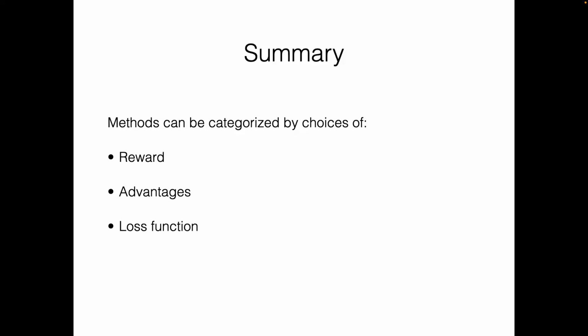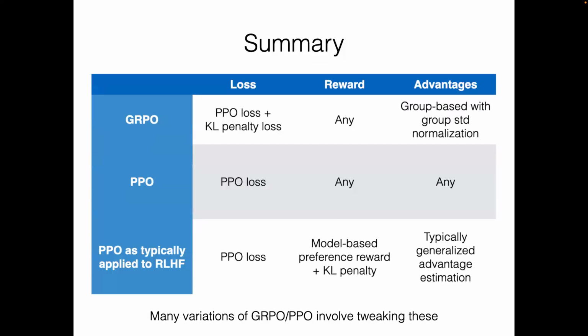Okay, and then just to go one minute over. Again, you could think of these different methods as varying based on the reward, the advantages, and the loss function. And so here are three different things that we talked about: GRPO, PPO without any specific design choices, and then here's PPO as it's typically used for RLHF.